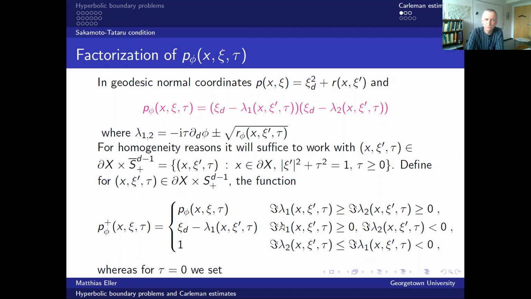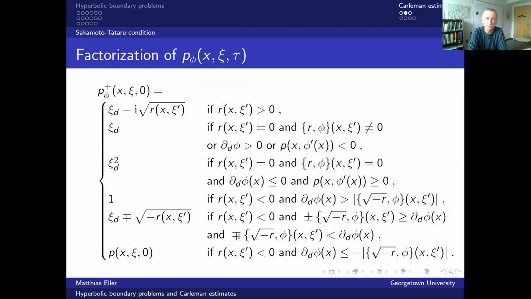And of course, I'm interested in placing just roots with positive imaginary part into this polynomial, because then I expect that I get exponentially decaying solutions. So that is okay for positive tau. I can do the factorization rather straightforwardly, but for tau equals 0, actually all hell breaks loose.